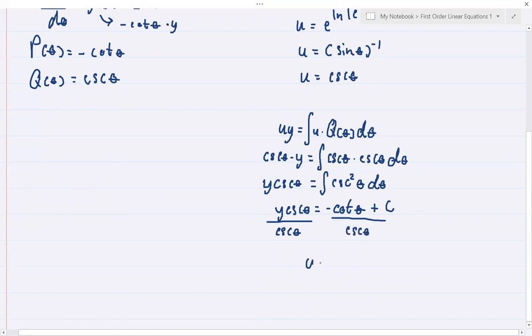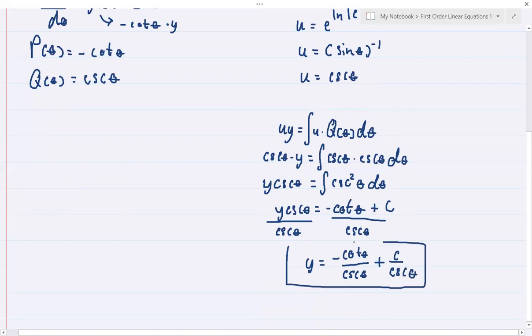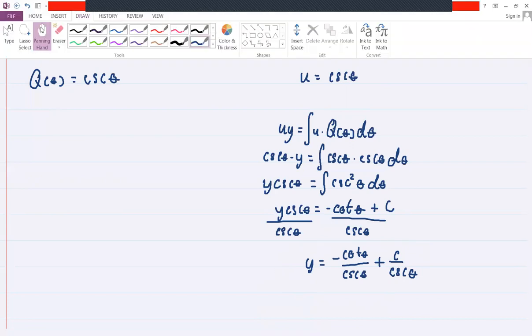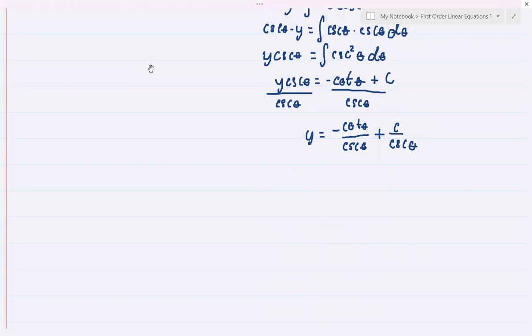So we will have y is equal to negative cotangent theta all over cosecant theta plus c all over cosecant theta. This could also be your final answer, or you can still simplify it. What is the simplified form for this one?